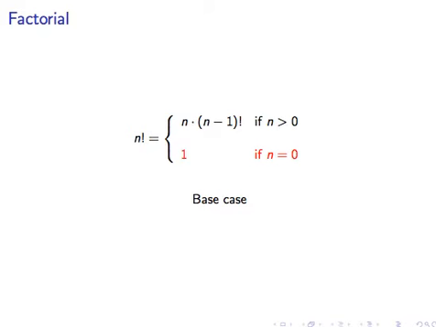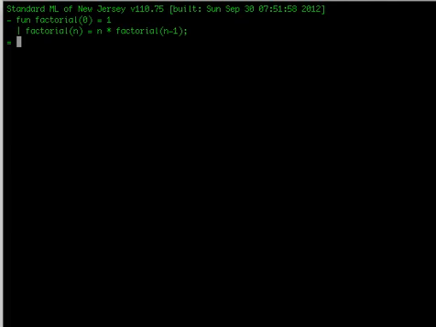Now the big news for us is that we can replicate what's going on in this formula perfectly in ML using pattern matching. I've changed the order here. I'm putting the 0, the base case, first, and the n case, the recursive case, second.